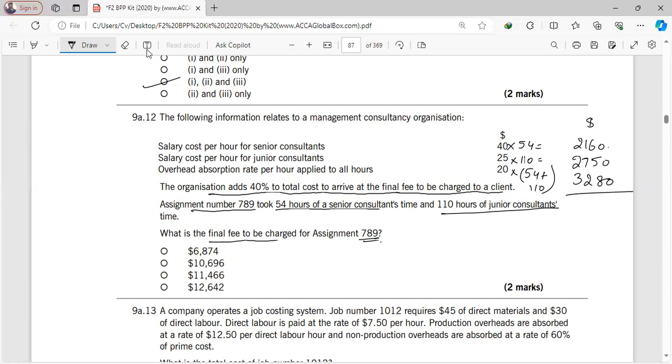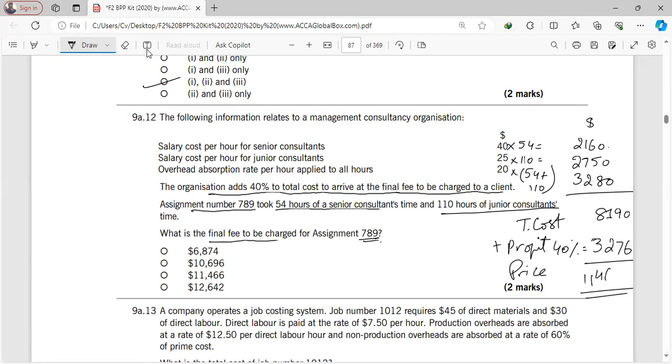Add up all these costs, the total cost is 8190. Then we will add profit of 40%, which is 3276. So the price is 11,466.